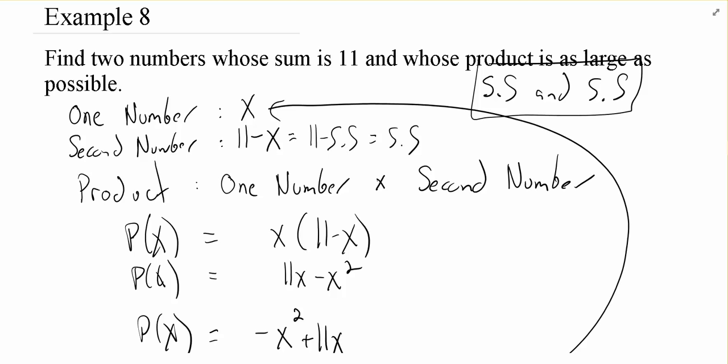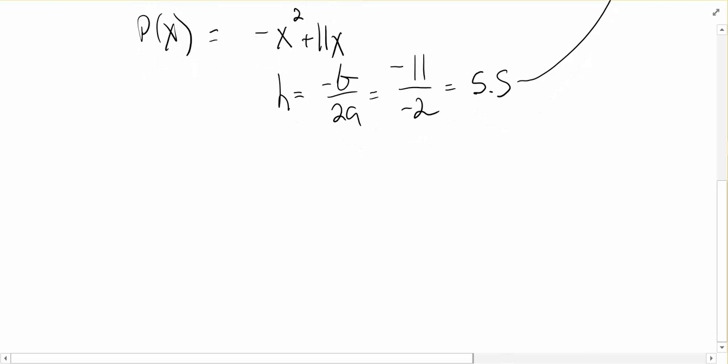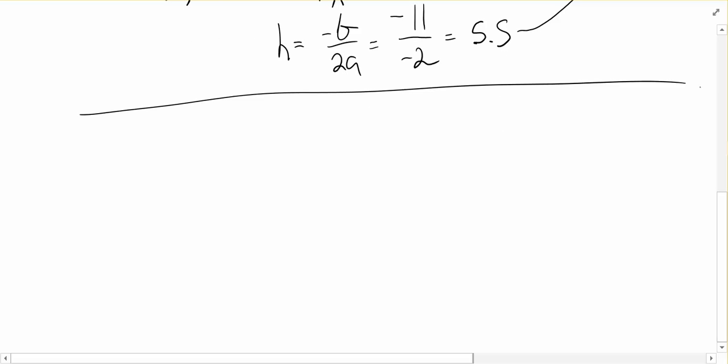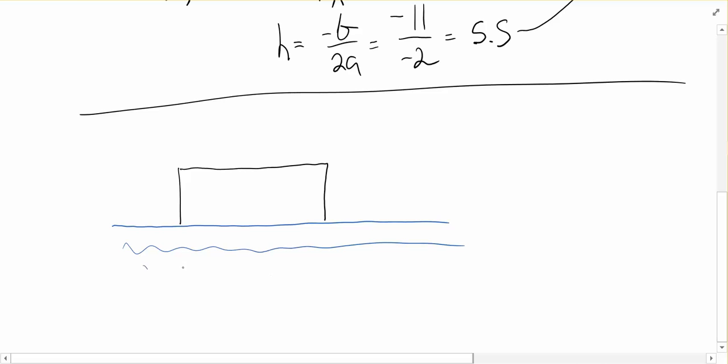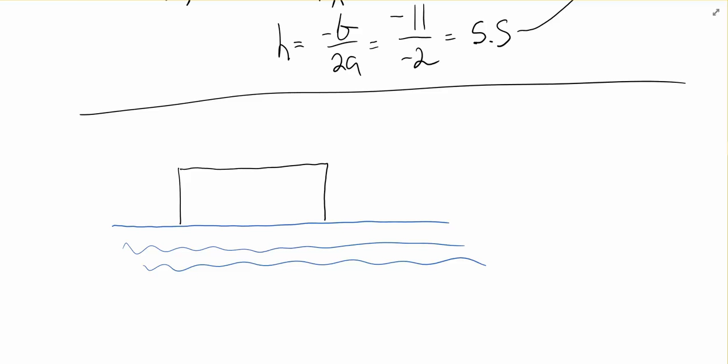But I could make this problem a little bit trickier as far as from the geometric standpoint, that maybe instead of the geometric problem of a square, maybe I have a three-sided diagram. Because maybe I have a situation where there's a river flowing over here, and I want to fence in an area next to the river, so I only need three sides of fence.